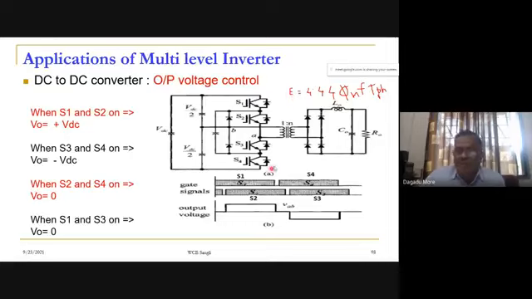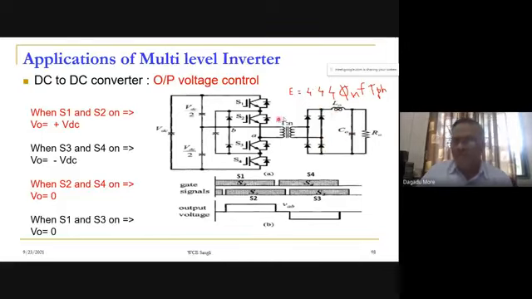So the transformer we use here is not a power frequency transformer, it is a high frequency transformer. And we have this high frequency diode bridge, and if you have high frequency, then the L and C values of the filter required at the diode bridge will also be reduced. The input given to this diode bridge is AC, a high frequency AC, and because of that, the L and C required to remove the ripple at the output of the diode bridge rectifier will also be less.